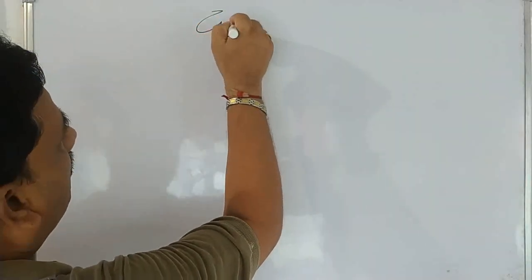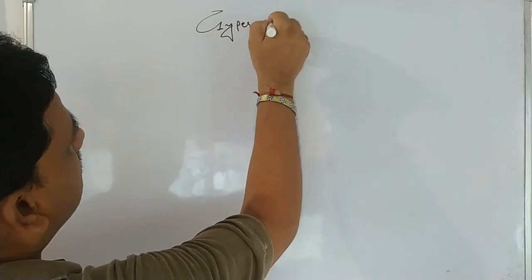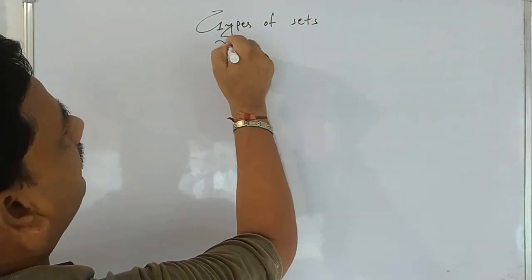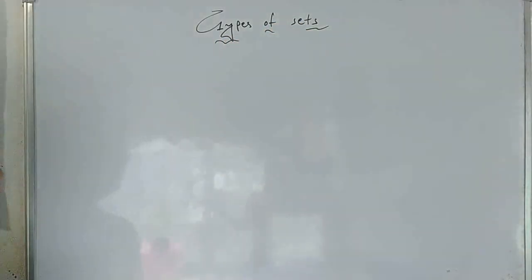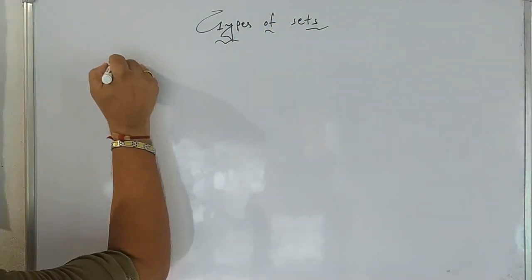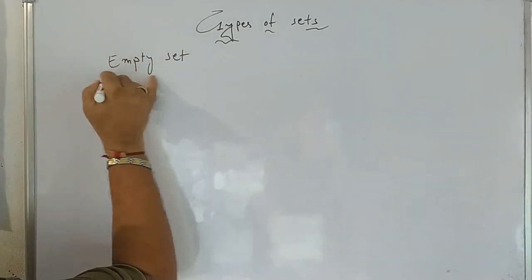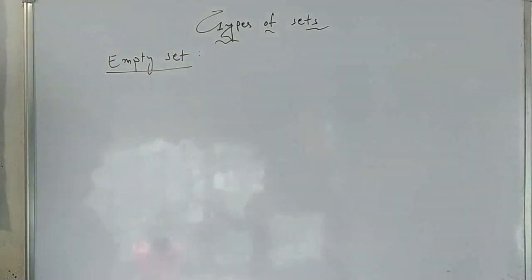Okay, types of sets. Different types of sets. Let us start with the empty set. Okay, empty set.